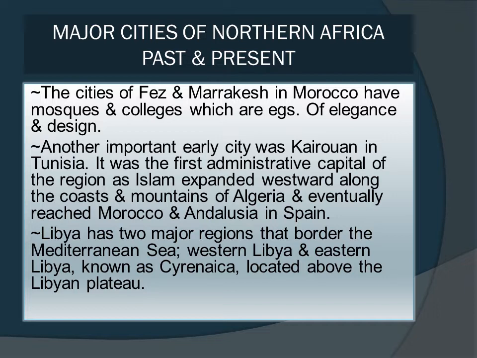It was the first administrative capital of the region as Islam expanded westward along the coasts and mountains of Algeria and eventually reached Morocco and Andalusia in Spain. Libya has two major regions that border the Mediterranean Sea, the Western Libyan and Eastern Libyan, known as Cyrenaica, located above the Libyan plateau.